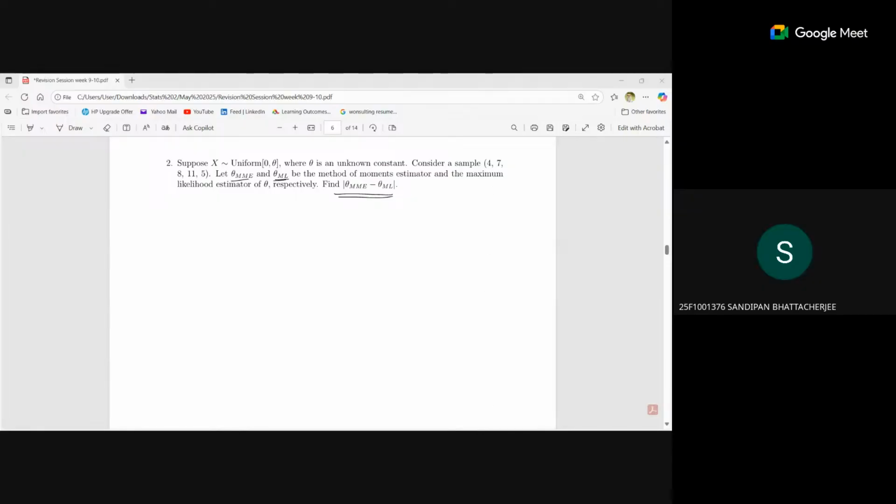And here theta ML would be the minimum of this, right? So my answer is coming to be 3, 7 minus 4 actually. Okay, what about others? Ma'am, I have got theta MME would be 11. I also get the answer 3, but my MME is 14 and ML is 11, because the MME rule says the highest of the given samples should be considered.